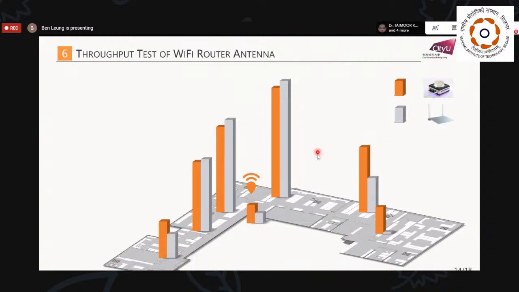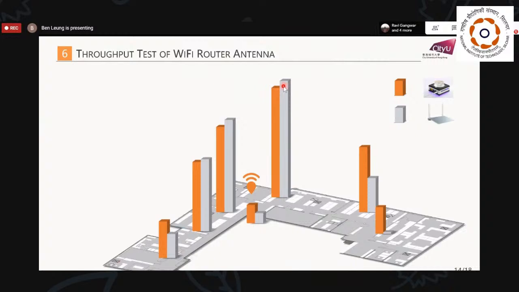Okay, what's the result? We can see that for the commercial design, they use two monopole antennas. When it is near the antenna, either our router or the commercial router, the readings given here are similar, and the commercial router has a better result.